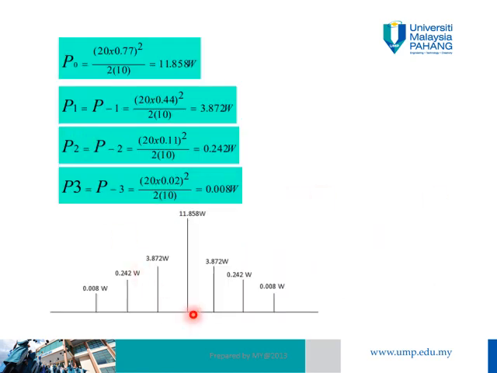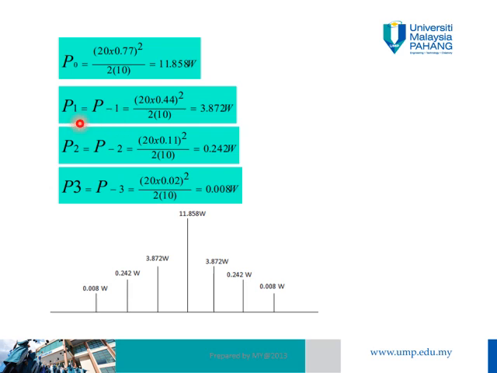So P0 equal to 20 multiplied by 0.77 squared over 2 multiplied by 10, so 11.85. Using the same equation, we can calculate the power at the side frequency.